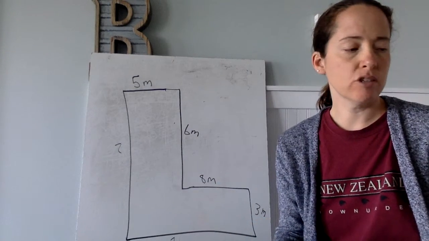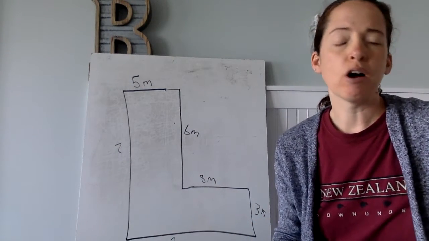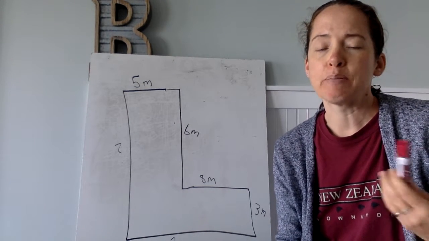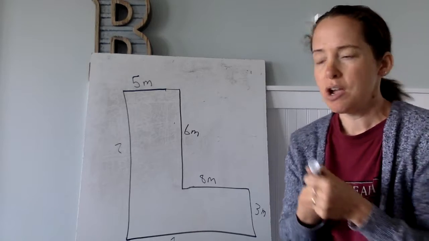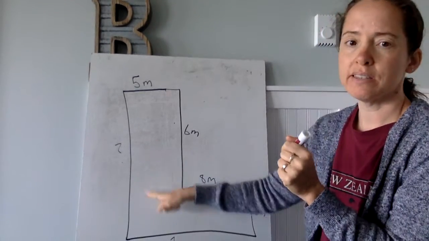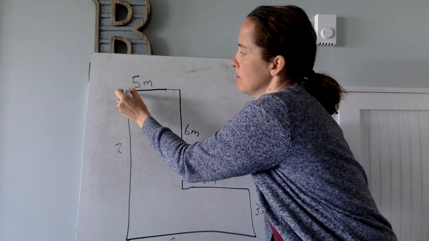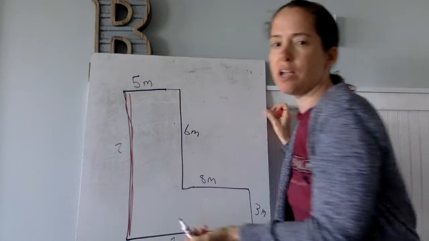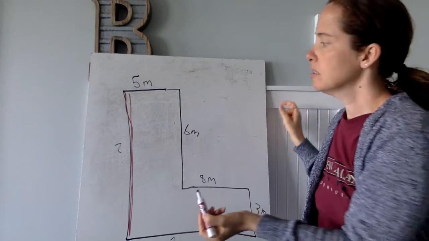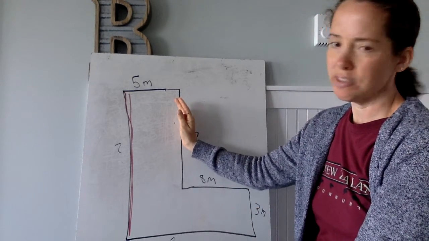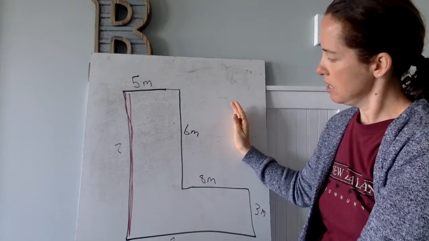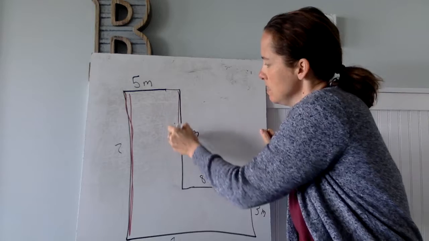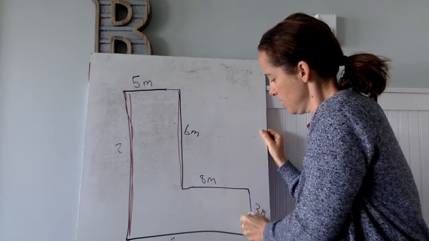So what that means is you have to remember that a characteristic of a rectangle is opposite sides are parallel and they're congruent. So if I'm going to try to find this side length, I'm going to show you with a different color, just so we know that this line is running up and down vertically. So that means if I stretch this line over here and made one large rectangle, I would have these two vertical lines.